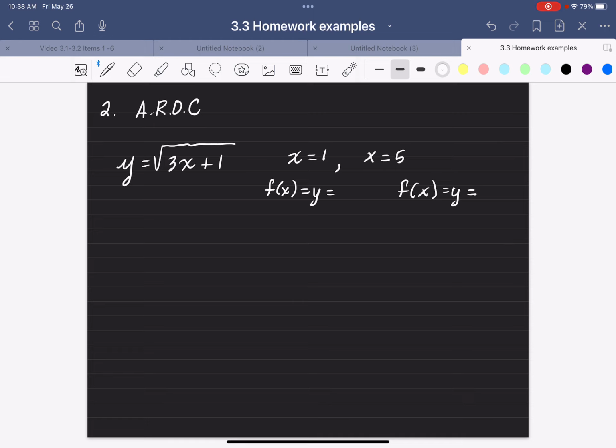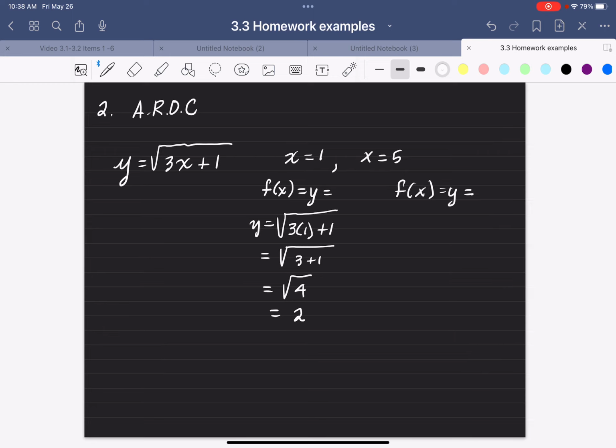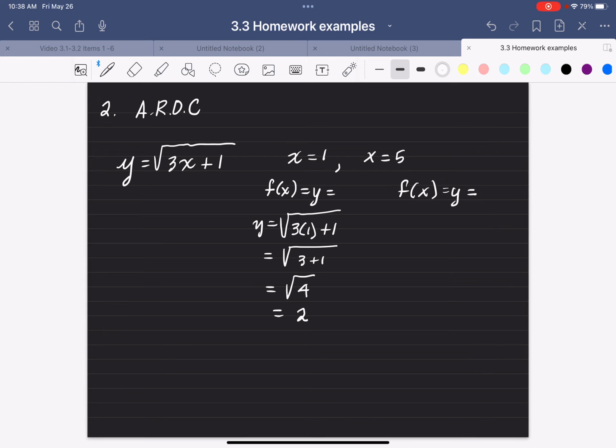And so for the first one, I'm going to get the square root of 3 times 1 plus 1. That's the square root of 3 plus 1, the square root of 4, which is 2. And so that's going to correspond to the ordered pair x is 1 and y is 2. Input is x, output is y. Okay.